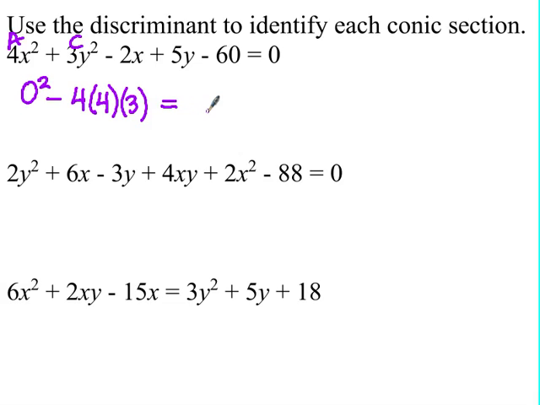What is this equal? Close. Negative. Negative 48. So this is either a circle or an ellipse, right? So we got to go figure out if it's a circle. Okay, if it's a circle, A has to equal C. Does A equal C? No, so it's got to be an ellipse. Okay. That's the thing. A has to equal C in order for it to be a circle.